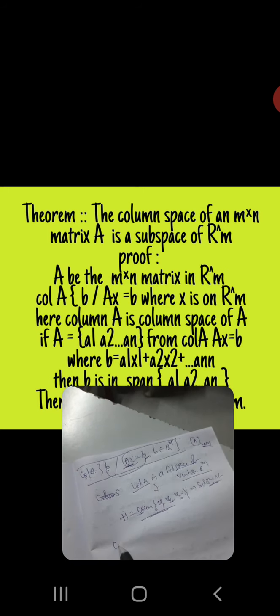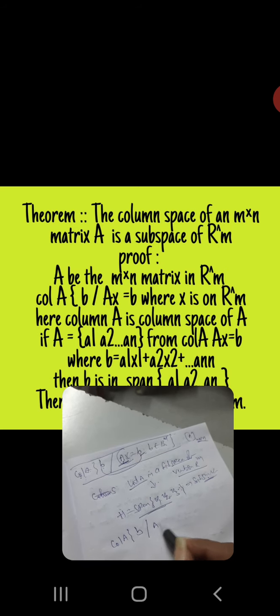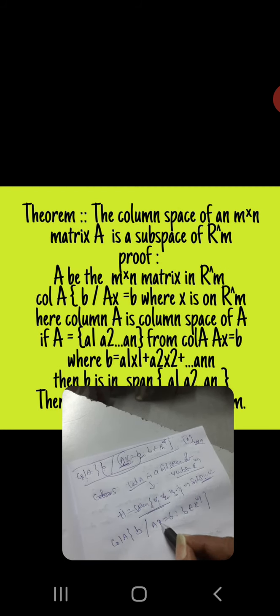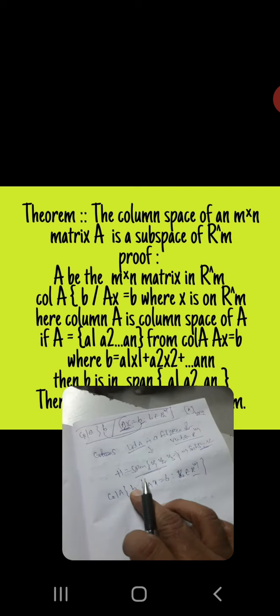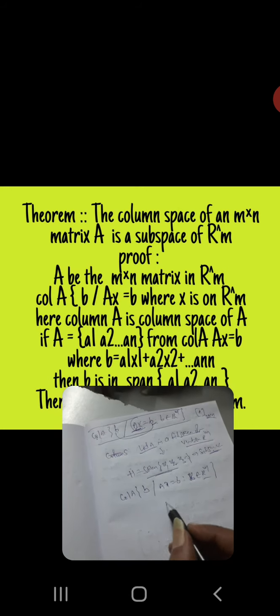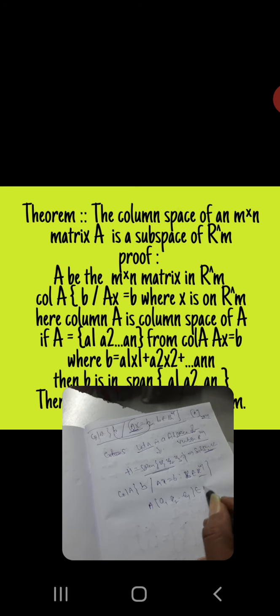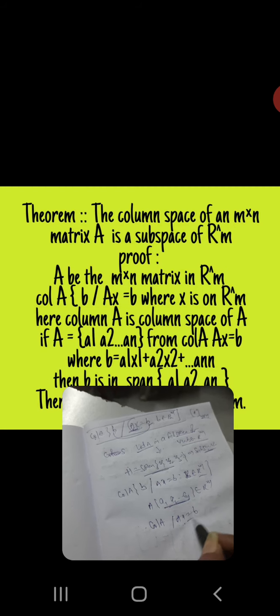Col A is defined as Col A constructed by B. Here Ax is equal to B, or B is also an element of R power M. That is, X is also an element of R power N. B is also an element of Col A. Here A is A1, A2 up to AN, which are column elements in R power M. Here Col A and Ax is equal to B. Here B is a linear combination of these.